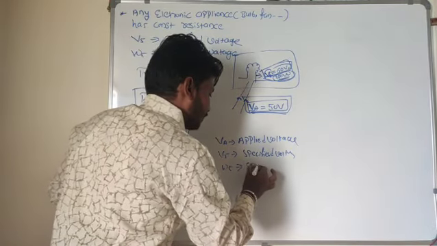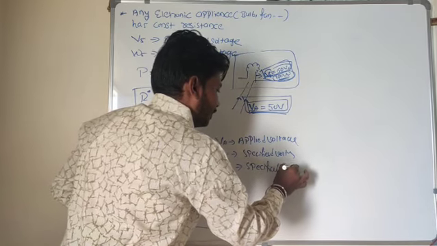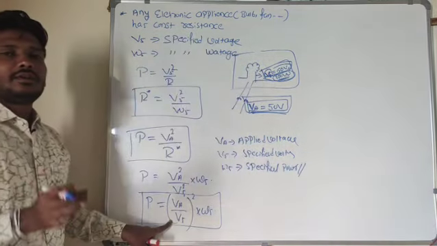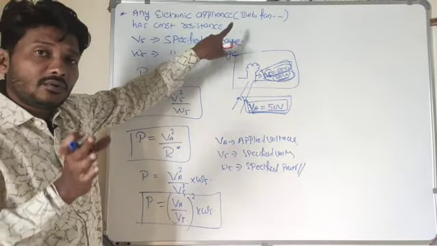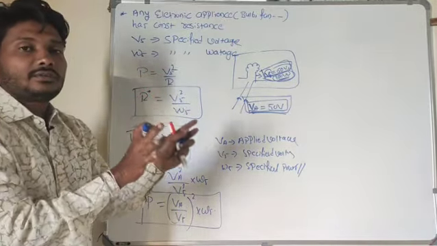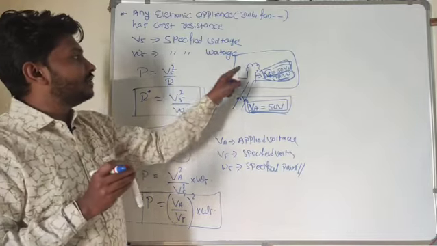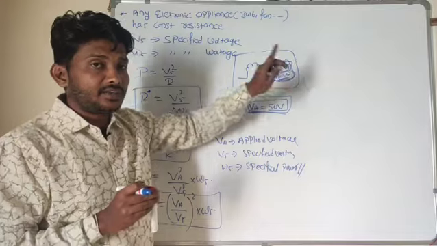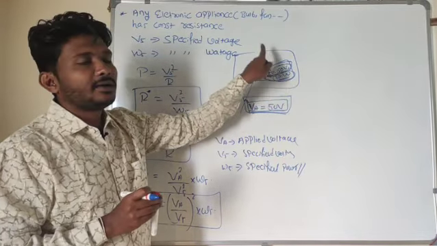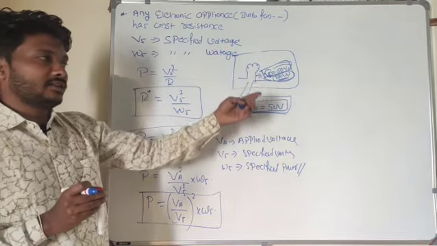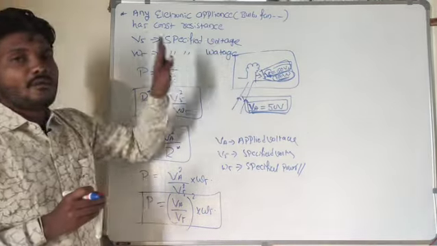Most electronic appliances have constant resistance. To find the resistance of those appliances, on the appliance they mention the value of voltage, which is the specified voltage, and they mention the power, which I consider the specified wattage.